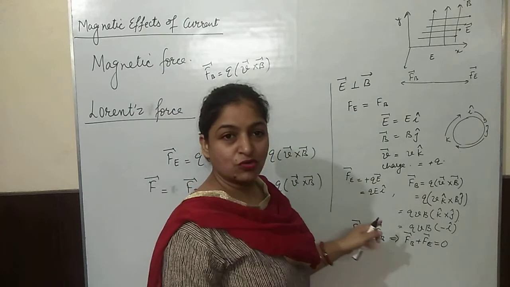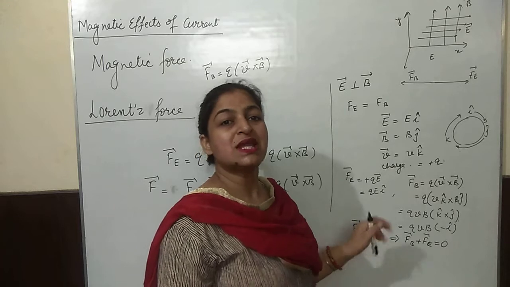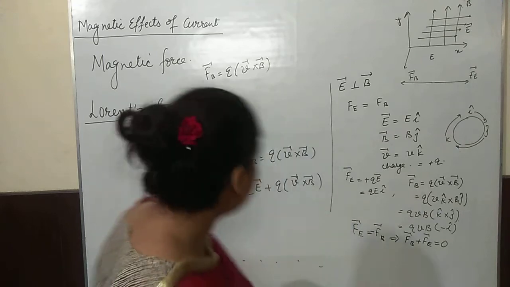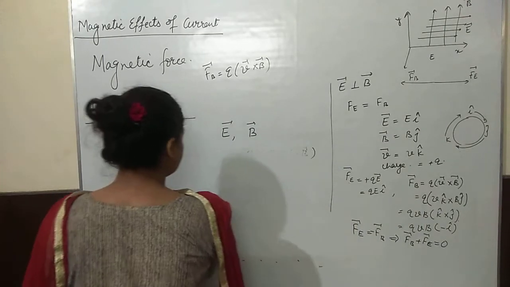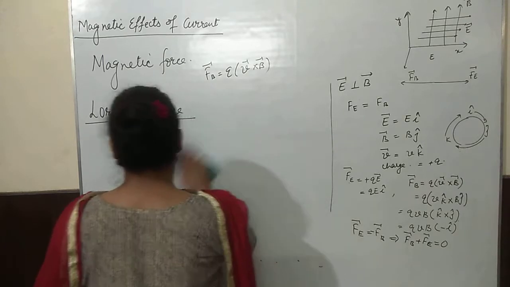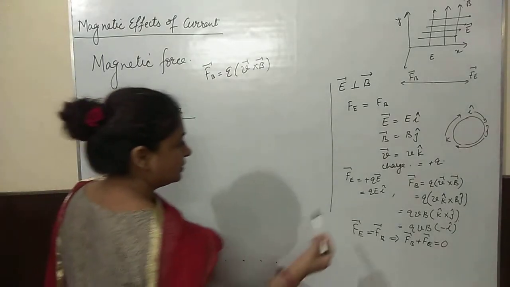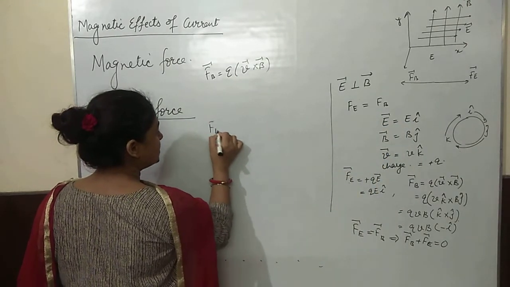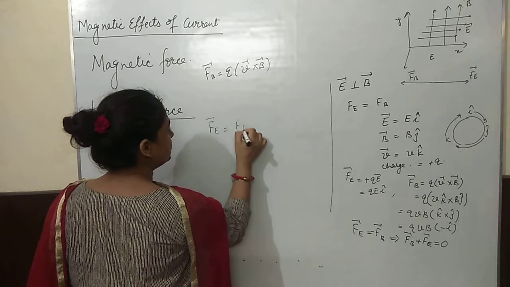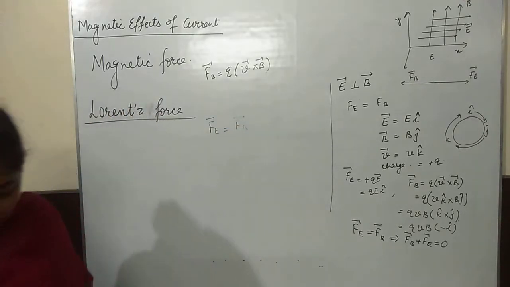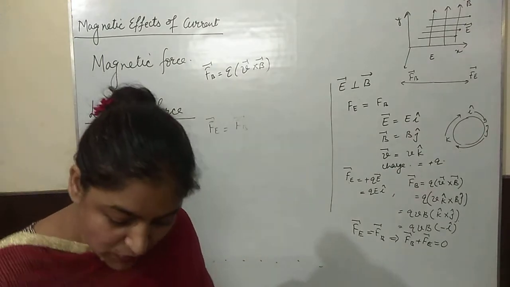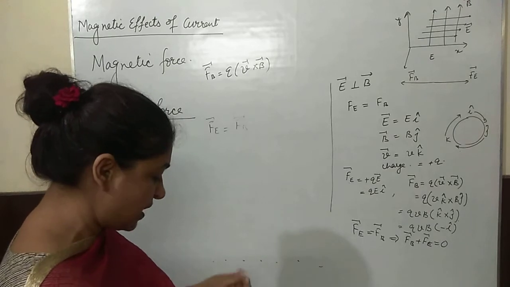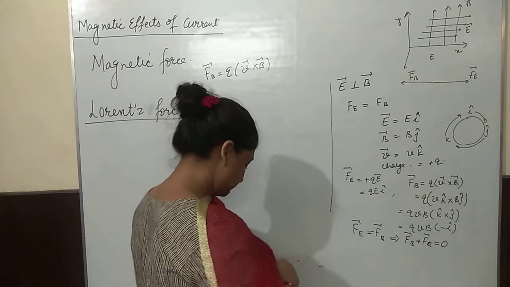In that case, no deviation would be there because the net force on the charged particle is 0. Now one more thing. Here we can consider the same situation again. The magnitudes of both of the forces are equal, means electric force is equal to magnetic force. When both of the forces are equal in magnitude, then what can we write for these parameters?